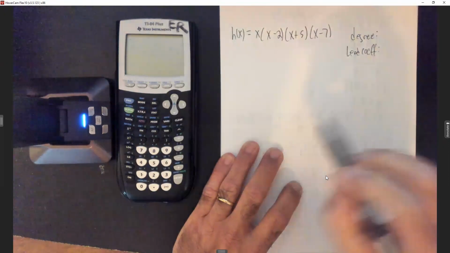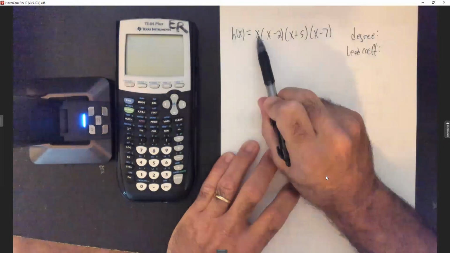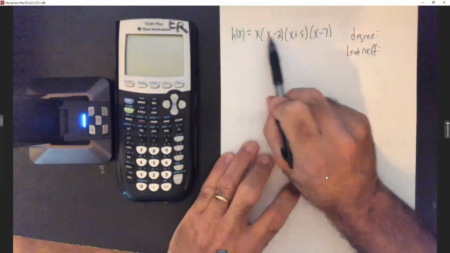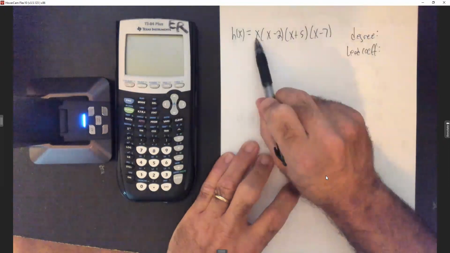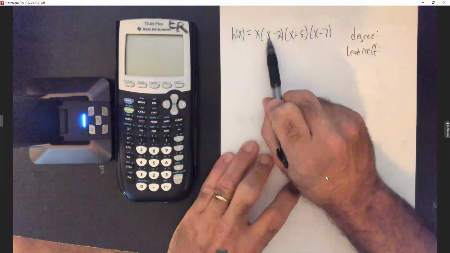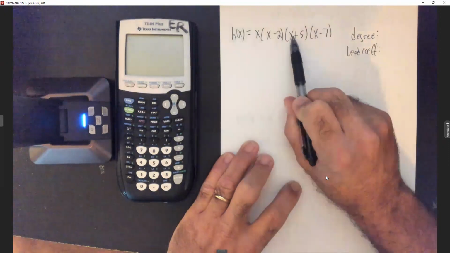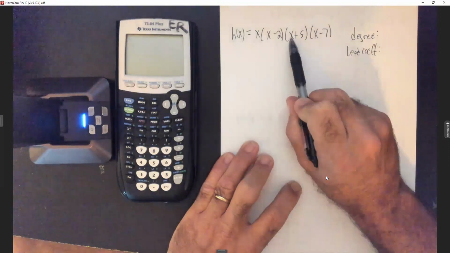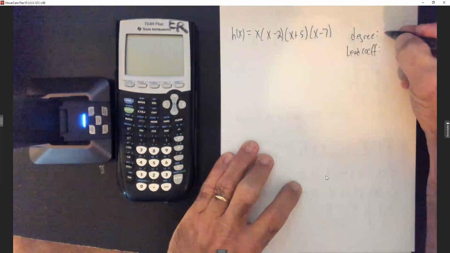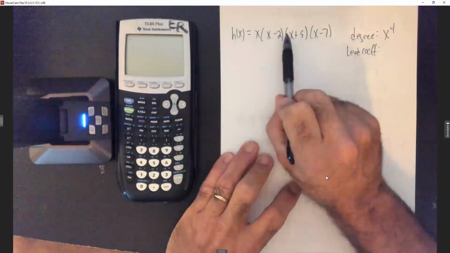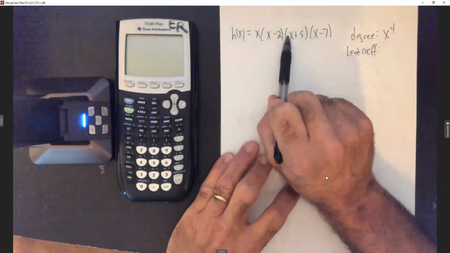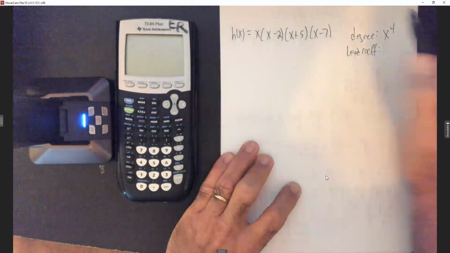Okay, so the degree is going to be all the x's multiplied together. So x times x is x squared, times x is x to the third, x to the third times x is x to the fourth. Now, to find the lead coefficient, take the numbers in front of all the x's and multiply. 1 times 1 is 1, times 1 is 1, times 1 is 1.